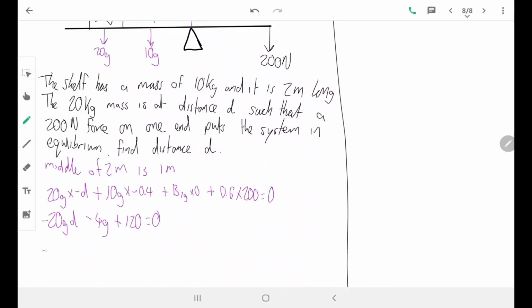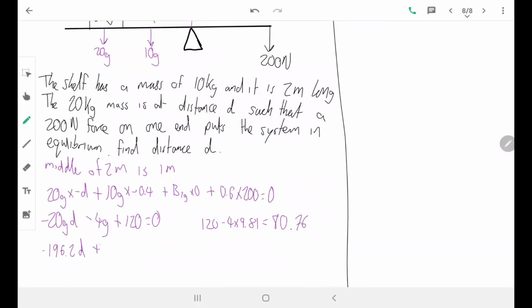So you've got minus 196.2 D. And then we have 120 minus our minus 4, so 120 minus 4 times 9.81. 4 times 9.81 is going to be 80.76.